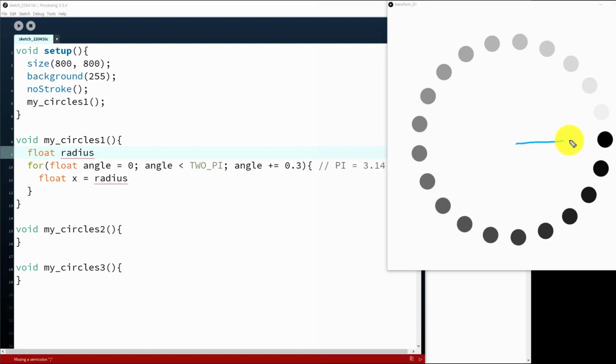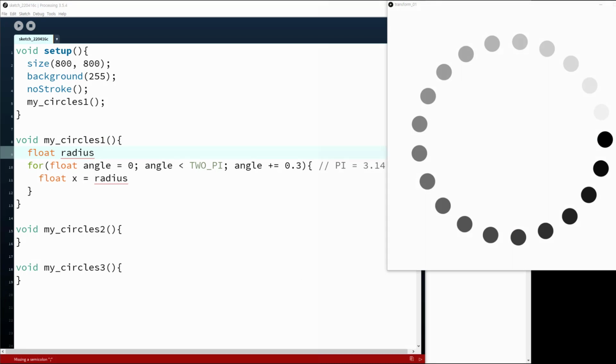This will be the radius. For this circle, you have to find the x and y coordinates. So this x is this one, and this radius is this one.